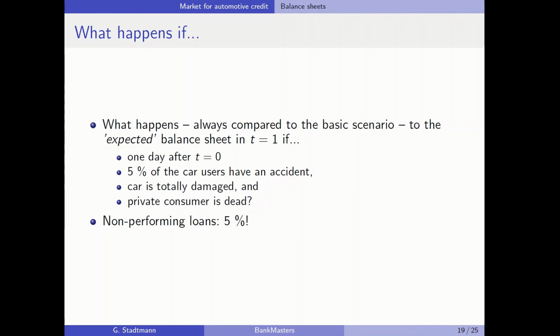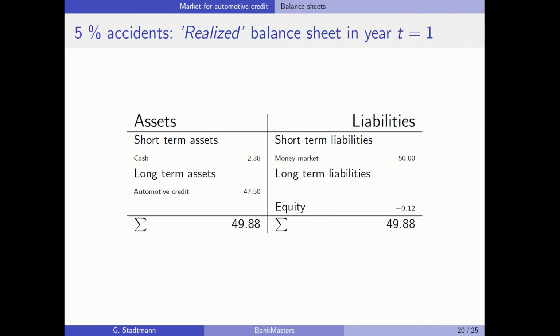We have non-performing loans of 5%. So how does the bank balance sheet look like when 5% of our customers have an accident?